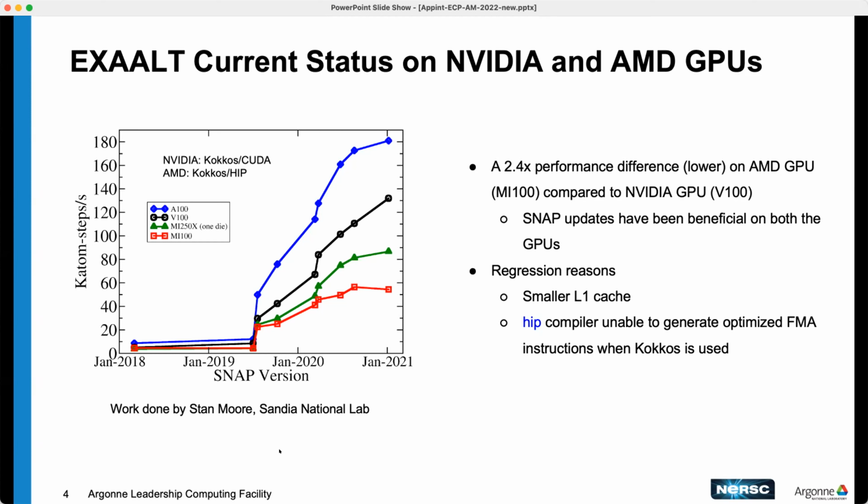This was also observed when we were running a simple Kokkos stream and flop benchmark, and we are trying to resolve that issue in conjunction with the AMD developers. Next slide, please.